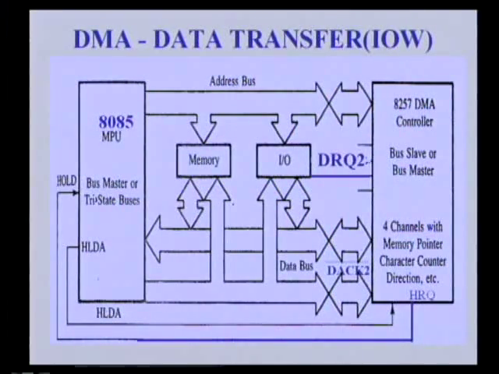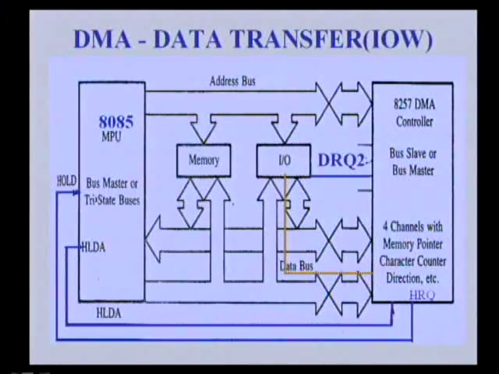It is very similar to the previous case. When the hold signal is received by the 8085 microprocessor, it completes the current machine cycle, and then it activates the hold acknowledge signal. When this hold acknowledge signal is received by the DMA, in response to that it sends the DMA acknowledge signal to the I/O device which has requested.